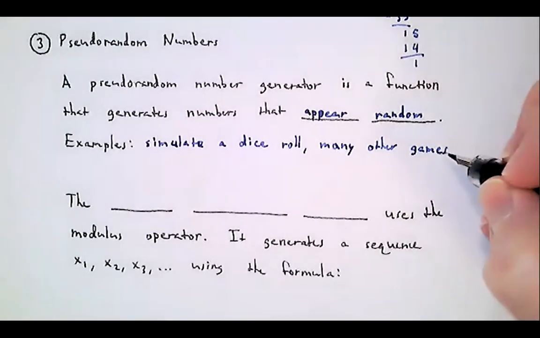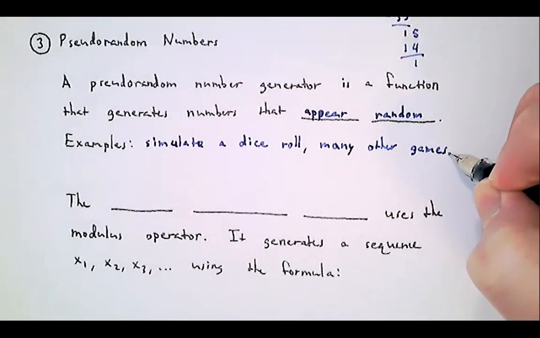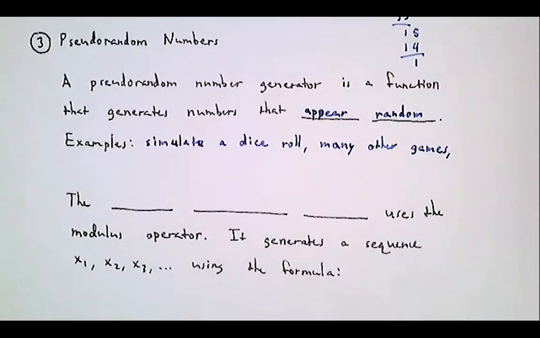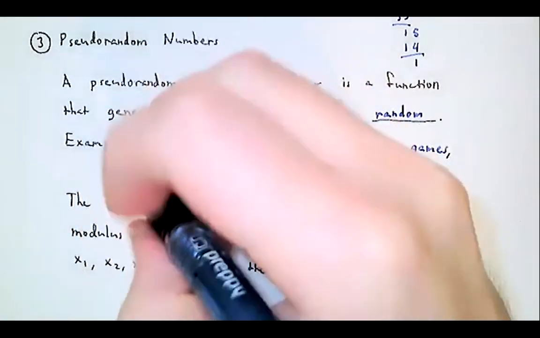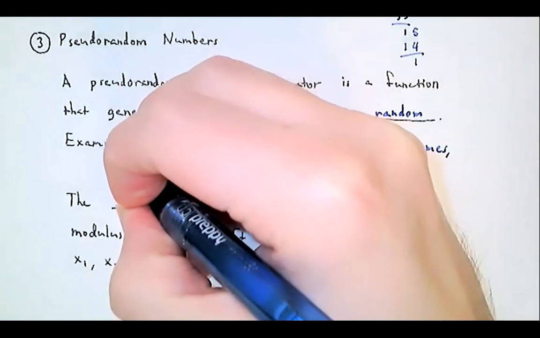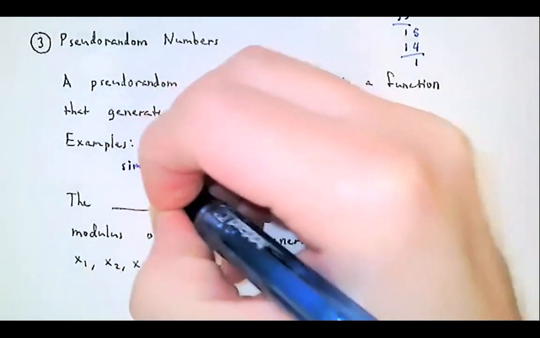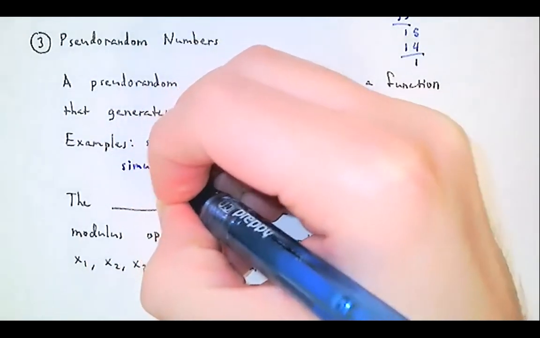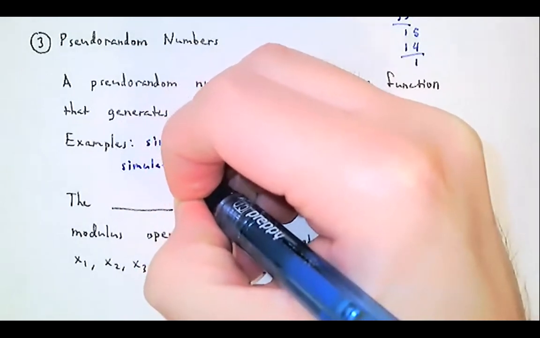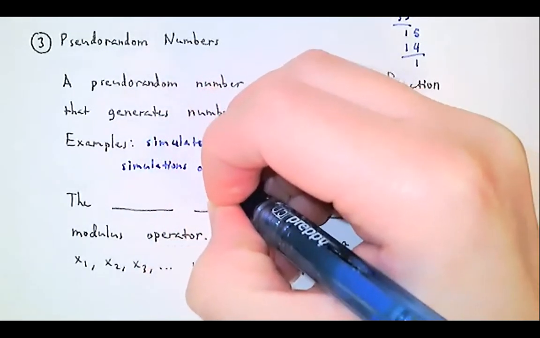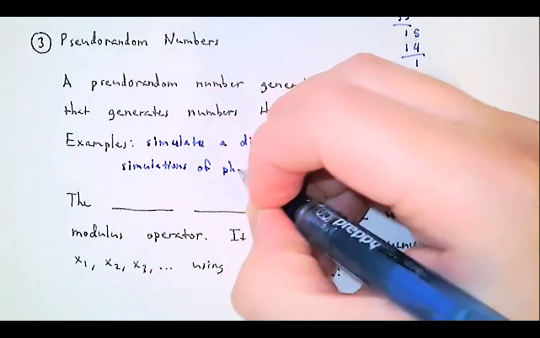Let's see, and random numbers also play an important role when you're doing simulations of physical processes. Like maybe you're doing something with physics or chemistry or aerodynamics.